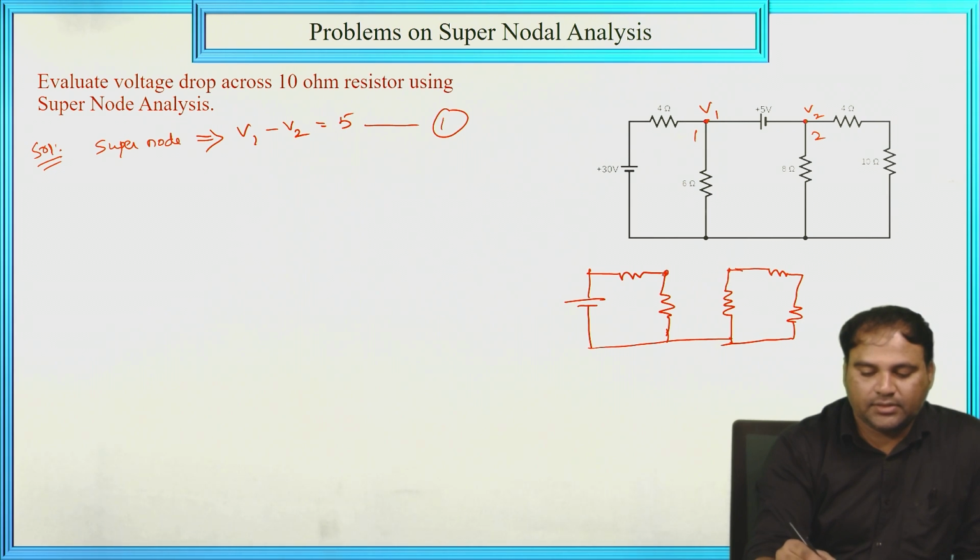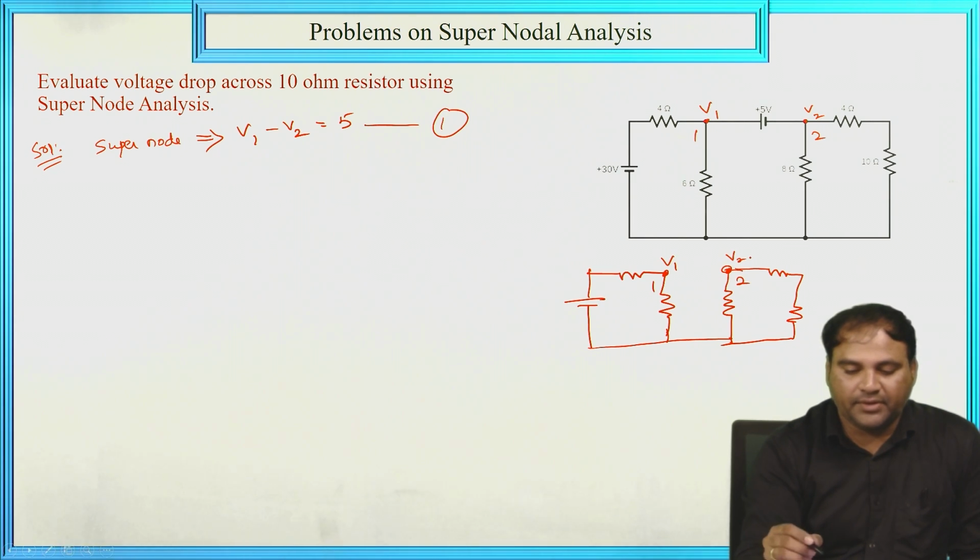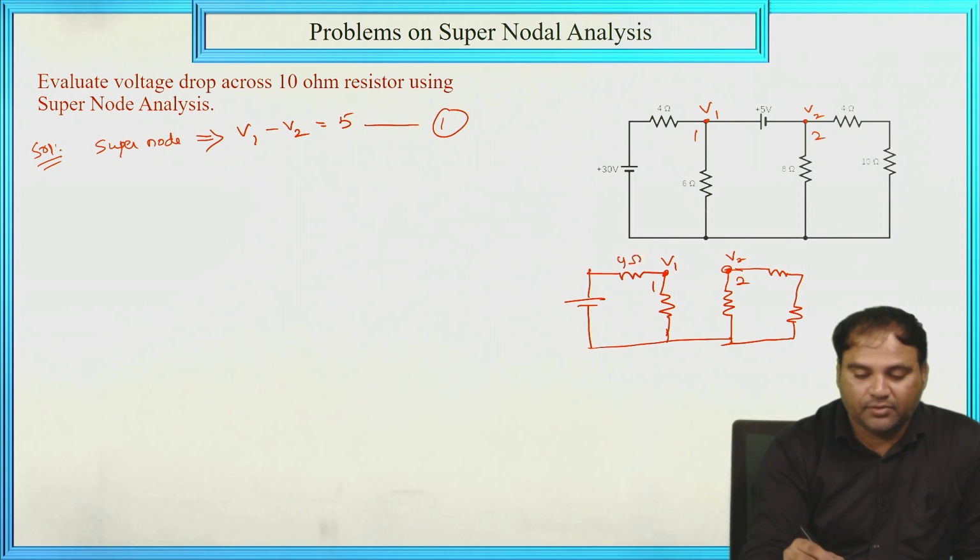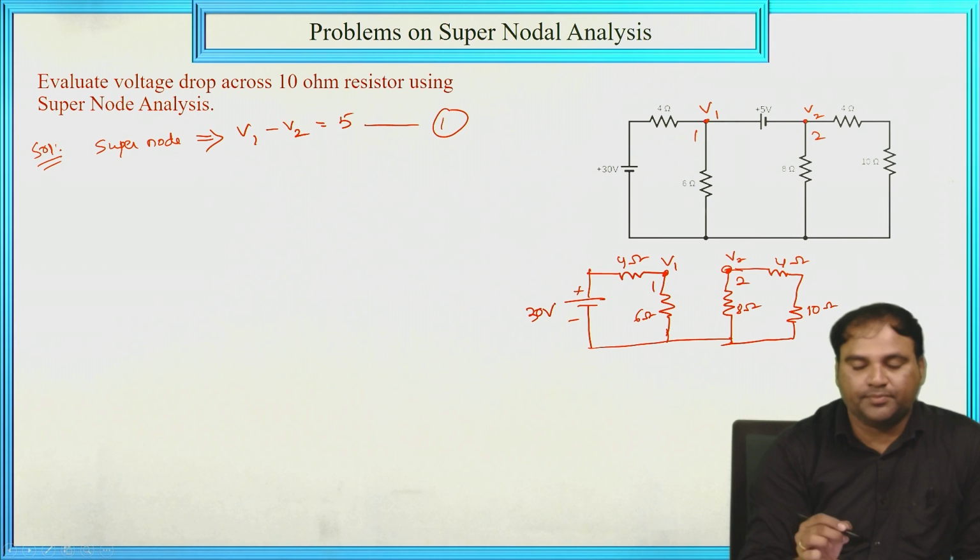So this is node 1 and this is node 2, V1 and V2, and the elements are 4 ohm, 6 ohm, 8 ohm, 4 ohm and 10 ohm, with a 30 volt source.